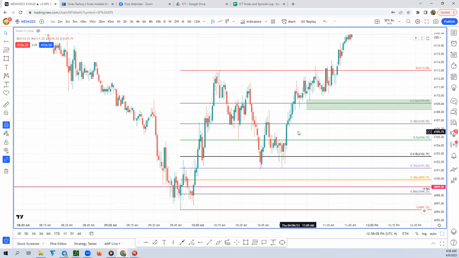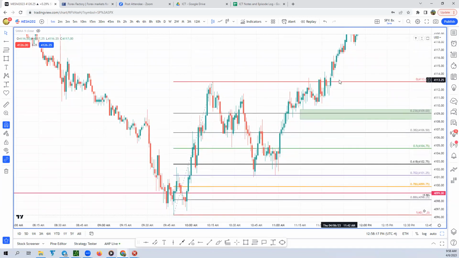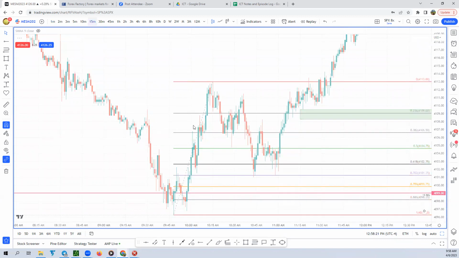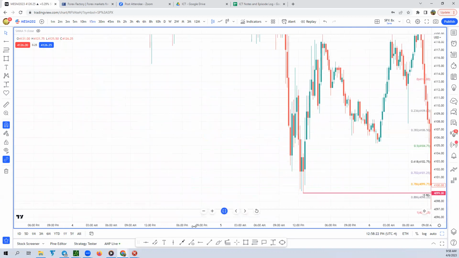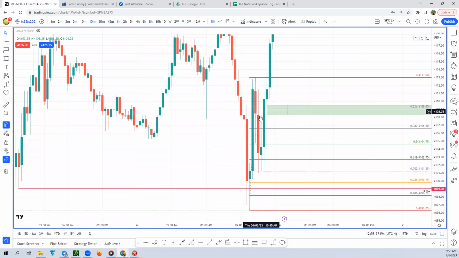Keep in mind, I'm in up here at 41.1050. And I was like, I'm just going to hold it to terminus. So when we got through here, this box right here is a 15-minute fair value gap, from here to here. So I was like, well, at least I'll have a little bit of support right here.